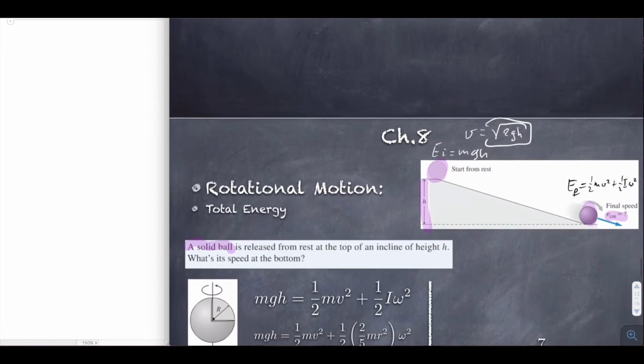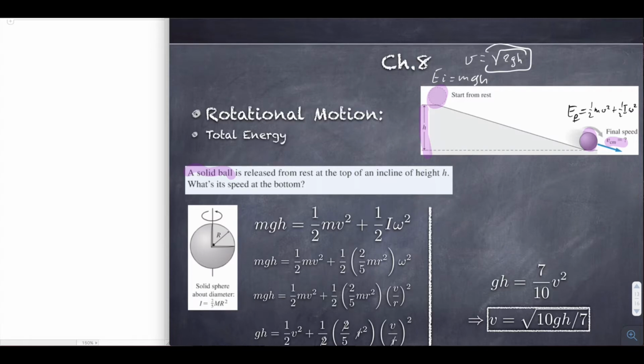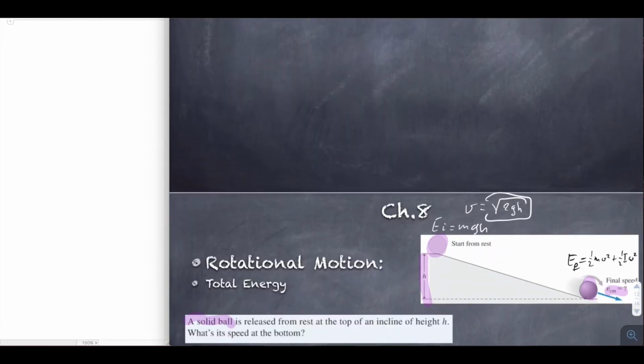And I gave you, this is a solid ball, so we have 2/5 mr squared as I. So let's keep that up here. So I will be 2/5 mr squared. That means E initial equals E final, so mgh equals 1/2 mv squared plus 1/2 I omega squared.